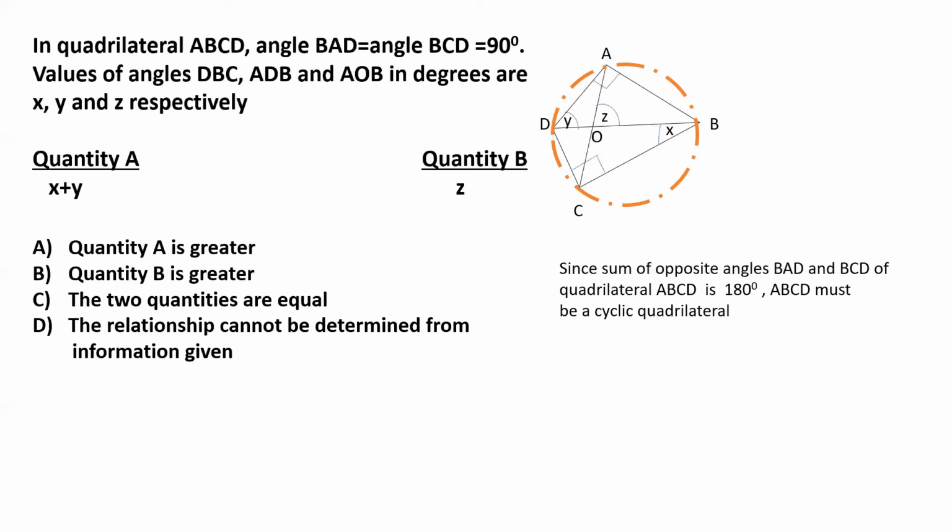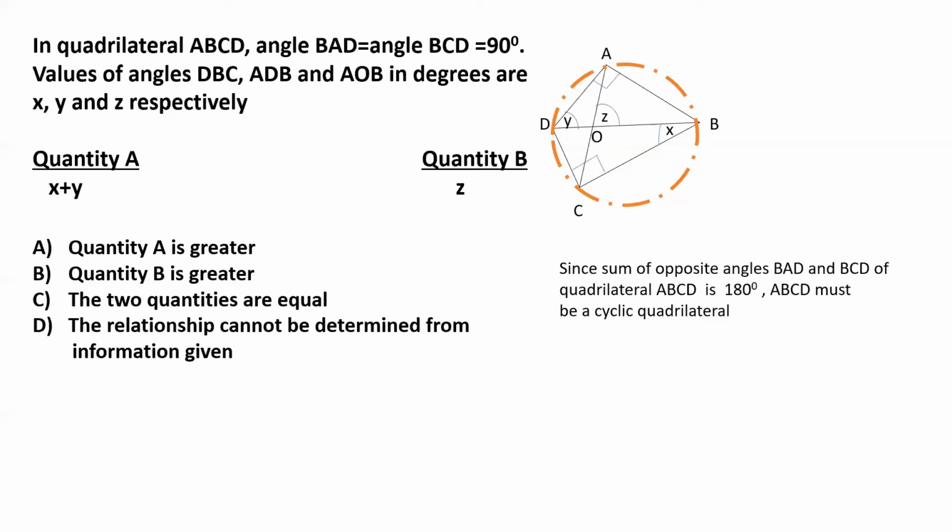We utilize the property that the angles in the same arc of a circle, or rather the angles subtended by the same arc of a circle at the circumference, are going to be equal. So if you consider the arc DC, it subtends an angle DBC, which is equal to X, right, at the circumference. And the same arc DC also subtends the angle CAD, right, at the circumference.